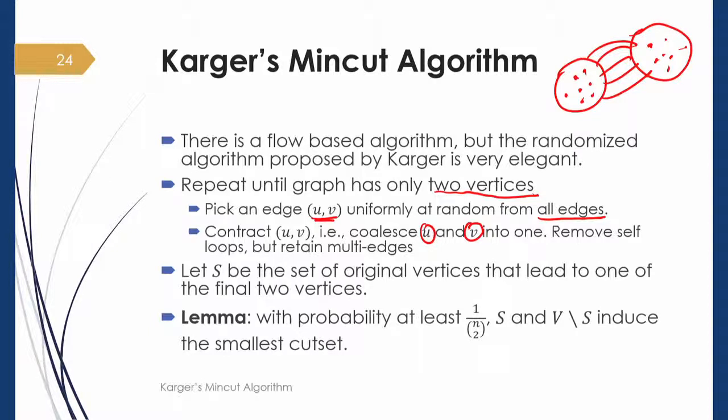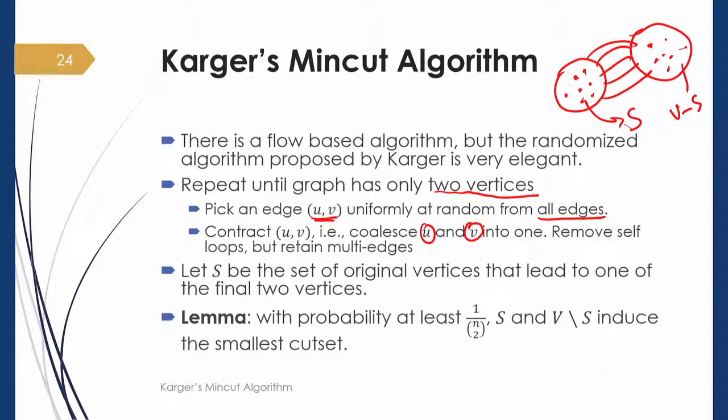Let us pick one of these super nodes, and the set of nodes contained in this super node is simply S. Which means that the other would be V minus S, and this is our candidate cut.